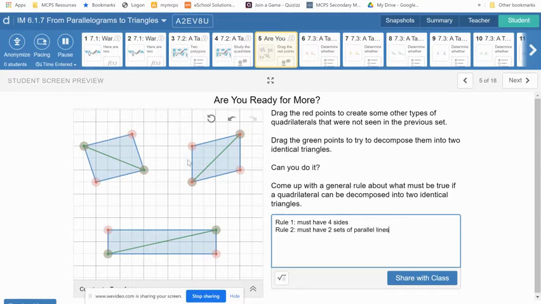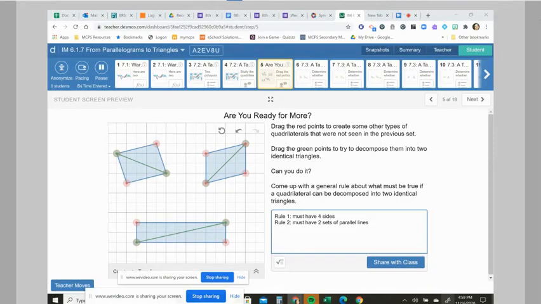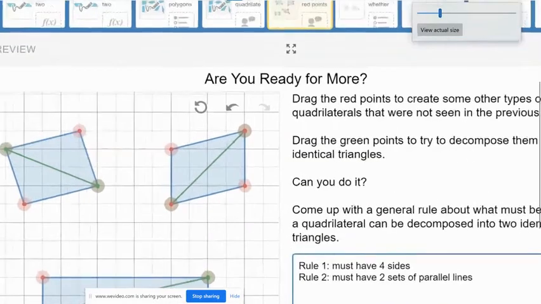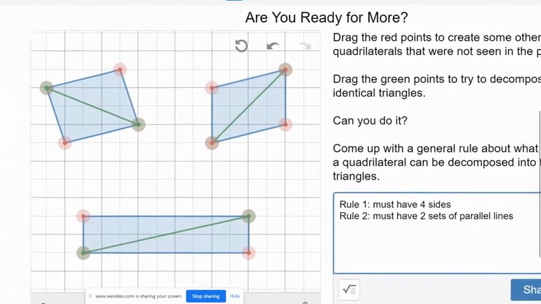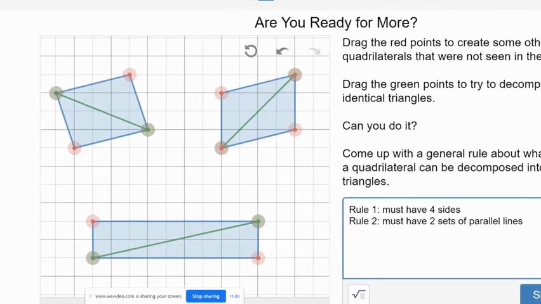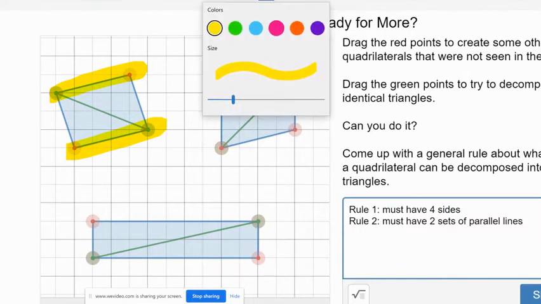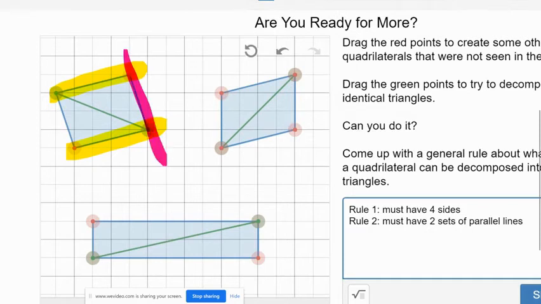So for example, I wish I could draw on it. So when I look at this, you have to notice, for example, that this line and the opposite line, that's a set. They are parallel, right? Now, if I look at the opposite side, this line and this line, they are parallel to each other.